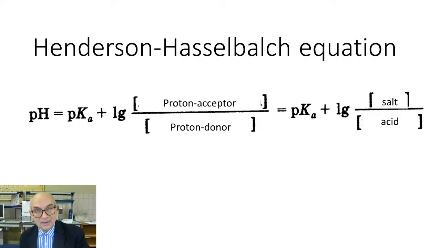And after that, pKa of acetic acid is 4.76 plus logarithm of 2. Let's take a calculator and calculate the logarithm of 2. It will be 0.3, which means that the final pH is approximately 5.